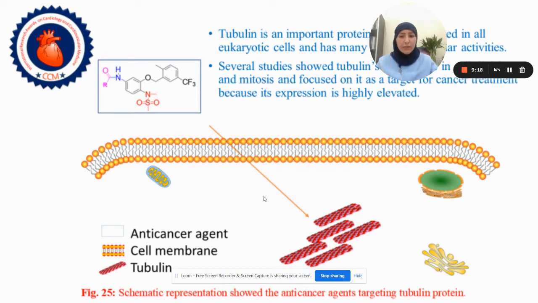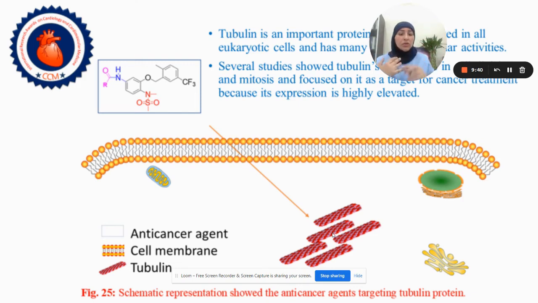Generally, this schematic representation shows our idea of how this chemical agent, the sulfonamide derivative, will enter the cell and target tubulin function, the microtubule, which stops the cell from growing.